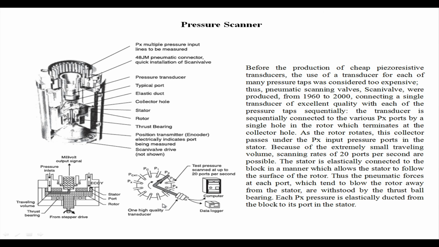That means over a period of 1 second, if you have scanned 20 ports, then the pressure signal would reach the pressure transducer from one port for a few milliseconds, and then there will be a gap, because then it is not engaged with another port.